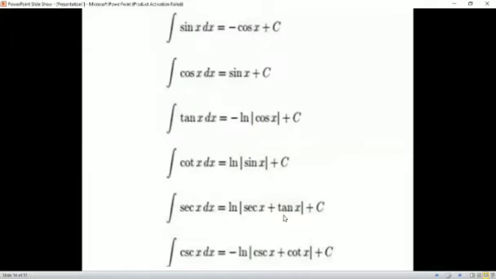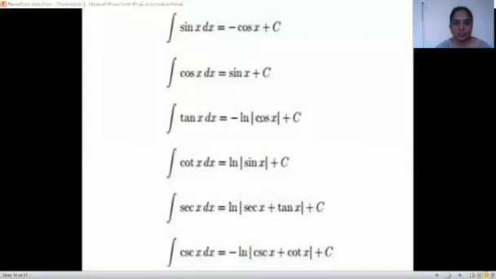Integration of sin x is minus cos x. This is exactly opposite to the derivative, as the derivative of sin x is cos x and the derivative of cos x is minus sin x. But in case of integration, integration of sin x is minus cos x and integration of cos x is plus sin x.